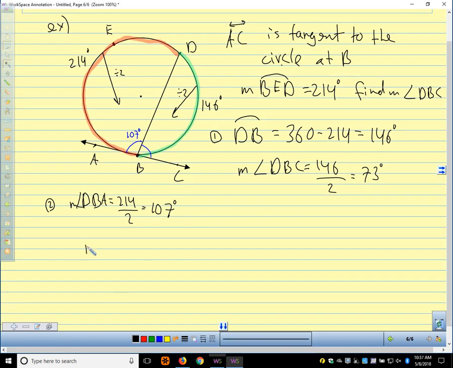So the measure of angle DBC has to be 180 minus 107, which is 73 degrees. So that'd be the second method you could use. All right, questions?